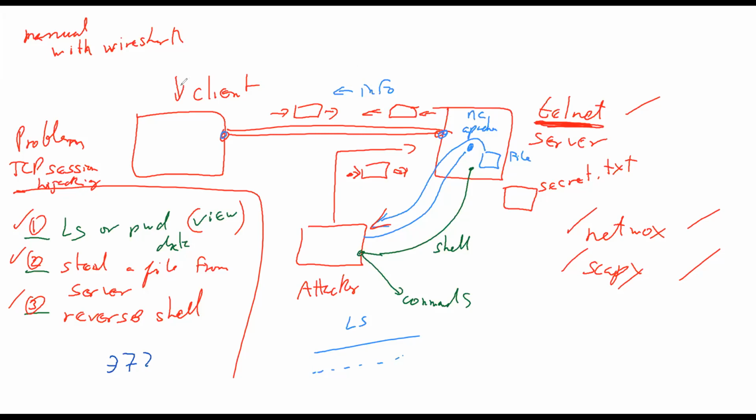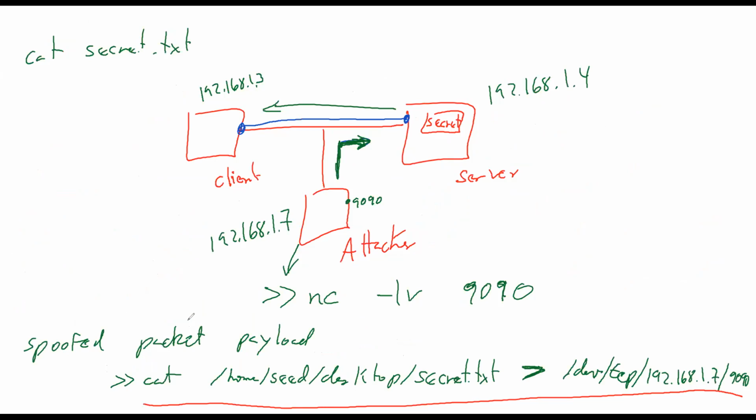For stealing the file, every time it's basically the same mechanism, same pipeline. The payloads are different: three different payloads, same everything else. So ls, pwd, or steal a file, or reverse shell. Any other questions about this one, guys?